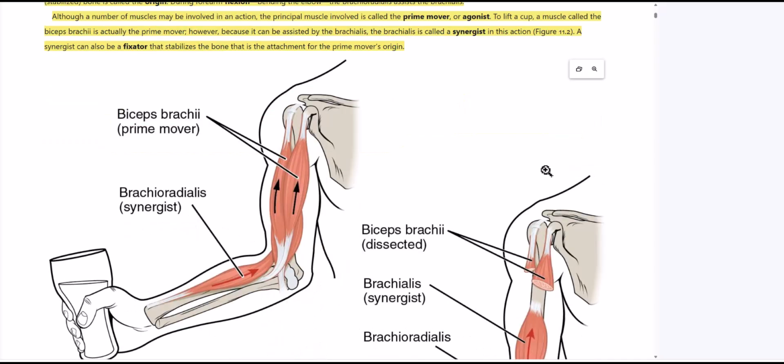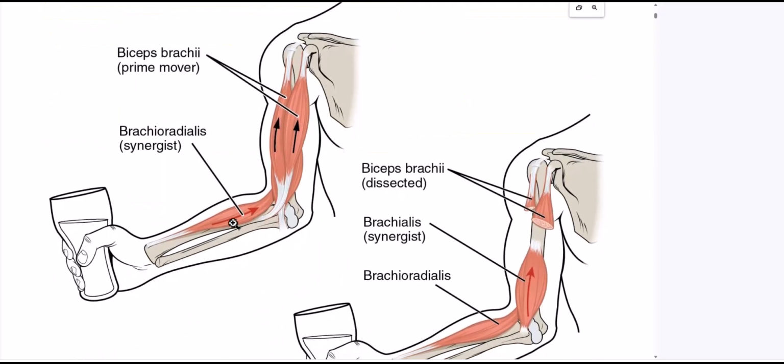So let's just remind ourselves, in the biceps brachii, you break it down, right? Bi means two or double, and ceps means head. So we're talking about a double-headed muscle in the brachial region. Sure enough, the biceps brachii has two heads, or two portions of it. We're not asking you in lab to know the difference in those two heads.